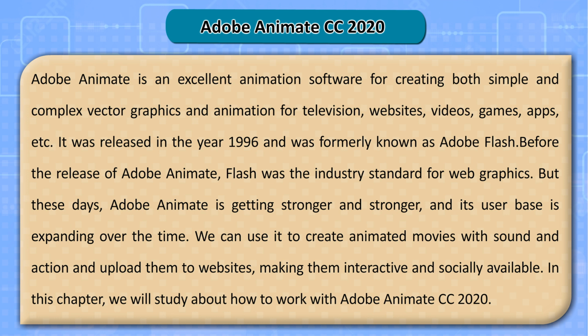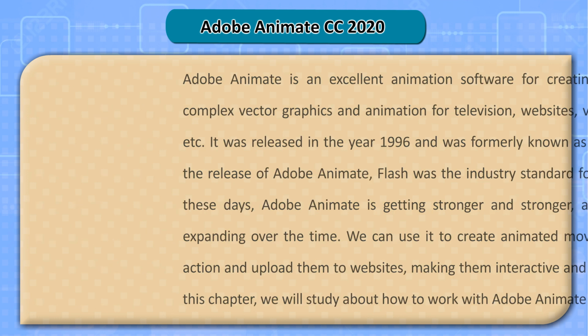But these days, Adobe Animate is getting stronger and stronger, and its user base is expanding over time. We can use it to create animated movies with sound and action and upload them to websites, making them interactive and socially available. In this chapter, we will study how to work with Adobe Animate CC 2020.